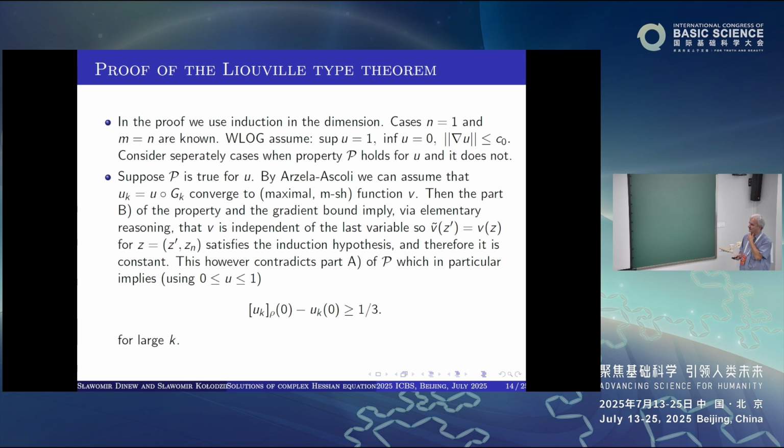And then we use part B of the property, and the gradient bound, to check that v is independent of the last variable zn. And therefore, by the induction hypothesis, it is constant. I will explain on the board, maybe just making a picture.